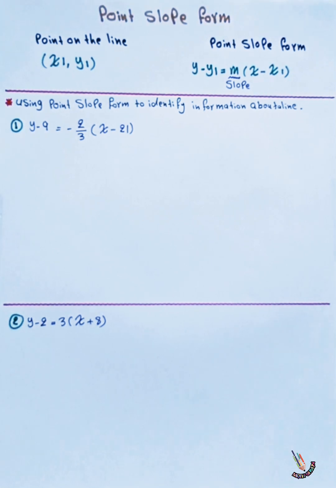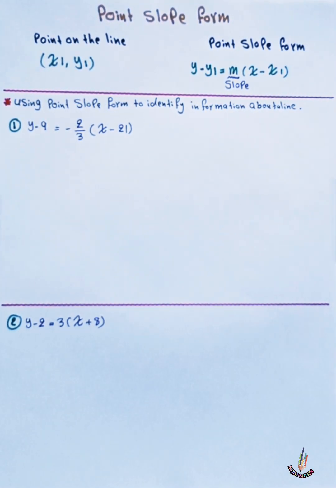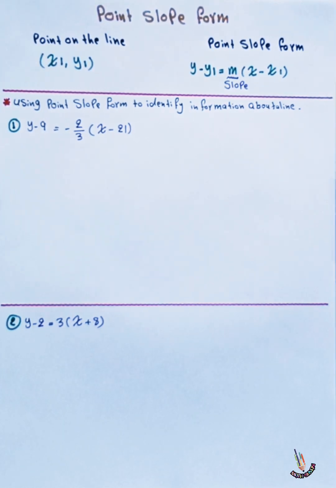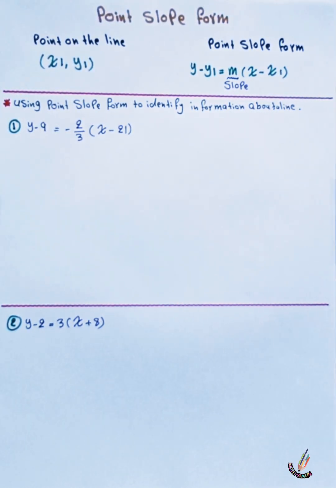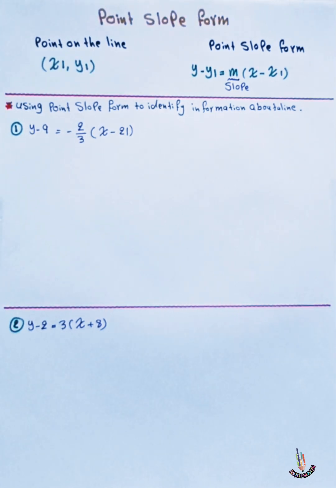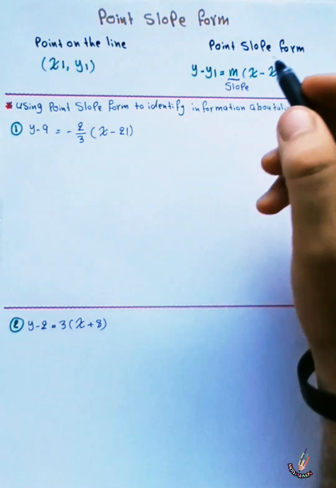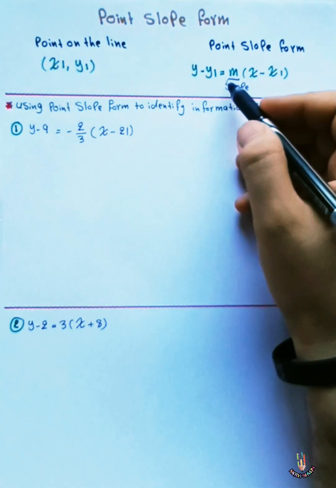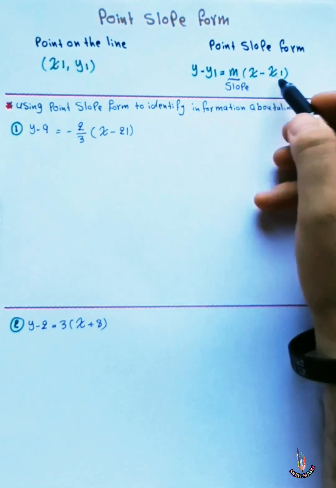Hello dear students, in this lesson I'm going to talk about point slope form. The point slope form of an equation of a line with slope m passing through (x1, y1) is y minus y1 equal to m times (x minus x1).